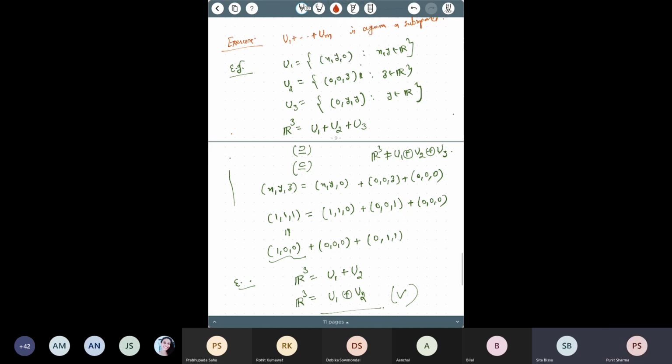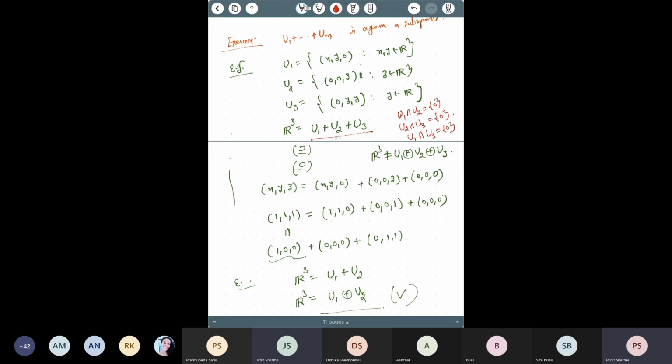So you look at the same example, U1, U2, U3 here. In this example, U1 intersection U2 is 0, U2 intersection U3 is 0, and U1 intersection U3 is also 0. Sir, U1 intersection U3 is not 0.